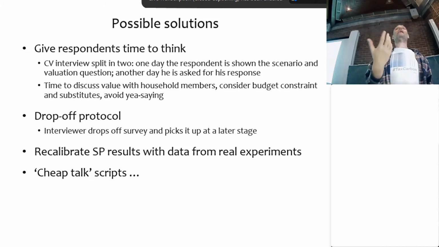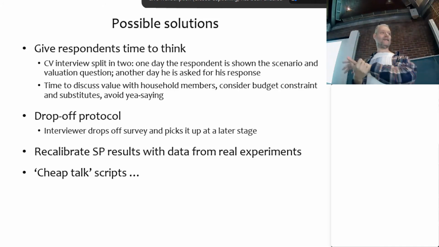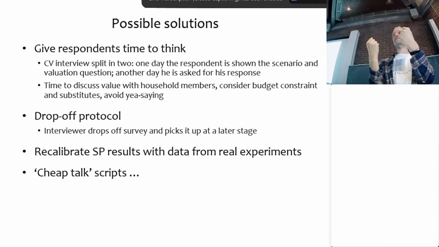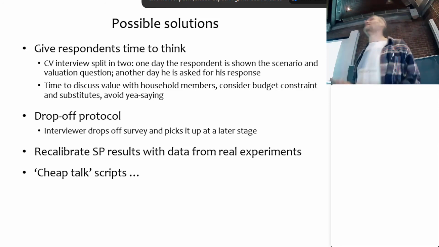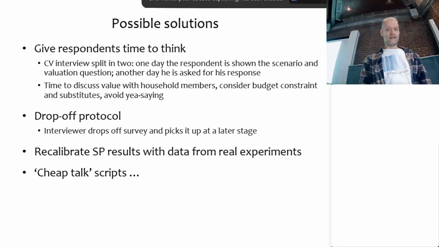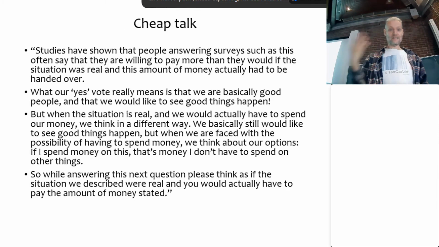You can try, and this is something that is increasingly common, to do a stated preference and a revealed preference on the same thing. It doesn't apply to everything. And then come up with what is the average size of the stated preference bias. You can show them cheap talk scripts, right?